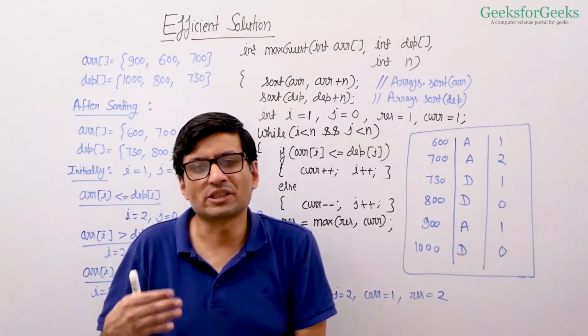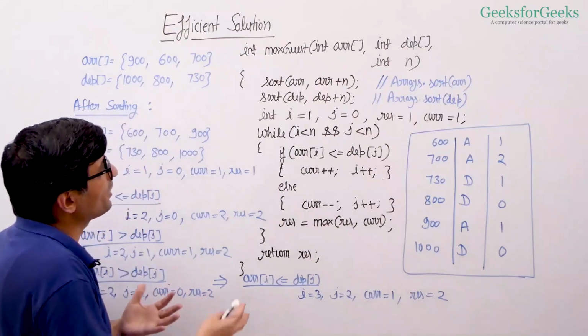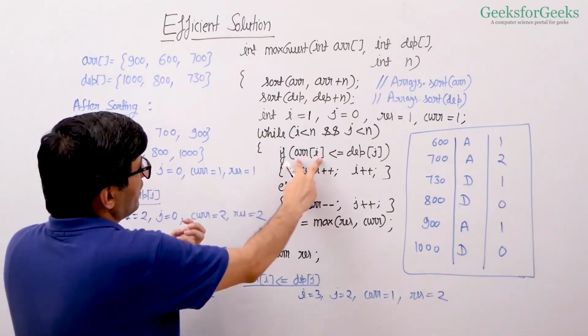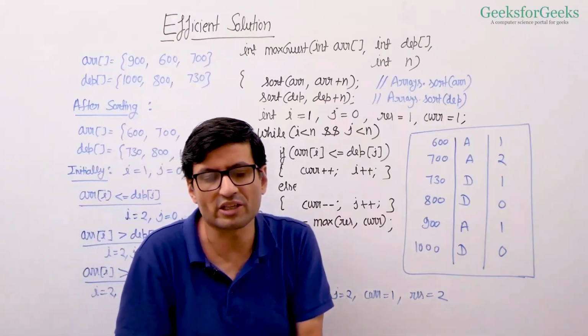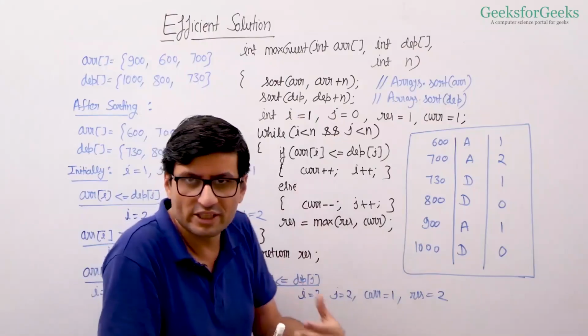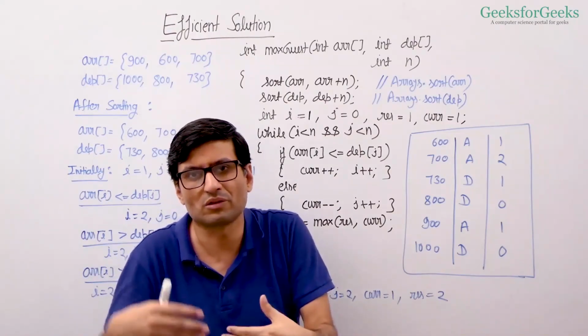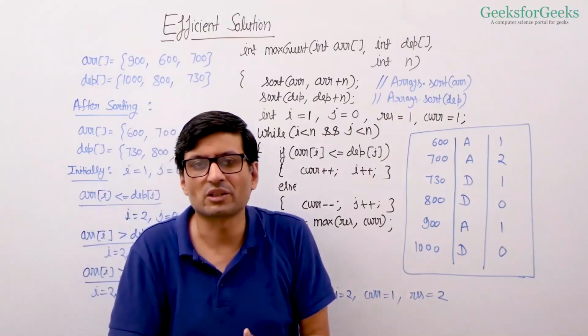Now we are going to consider all the remaining events by merging both the arrays. So what we do, we say if current arrival is smaller than current departure, then this arrival event is first. So take this event, increment the count of current guests because arrival has come before the next departure, and do i++, go to the next arrival in the arrival array.